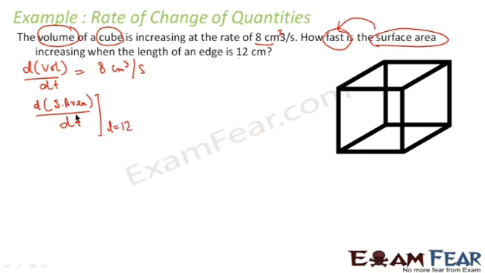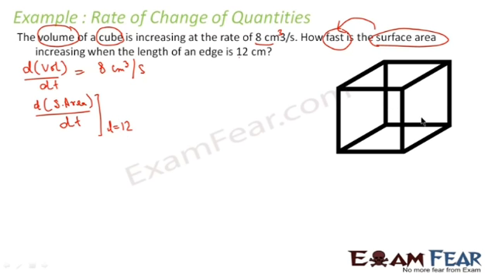So you have to find d of surface area with respect to dt, where L is equal to 12 centimeter. Correct? So the question is d volume by dt is 8 centimeter cube per second, and we have to find d surface area with respect to dt where L is equal to 12 centimeter. If this part is clear, the question is very simple.